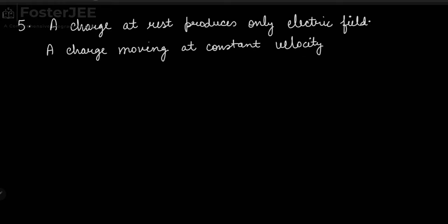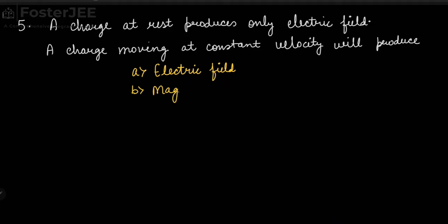I'll discuss why not speed, why velocity. A charge moving at constant velocity will produce electric field and B magnetic field.